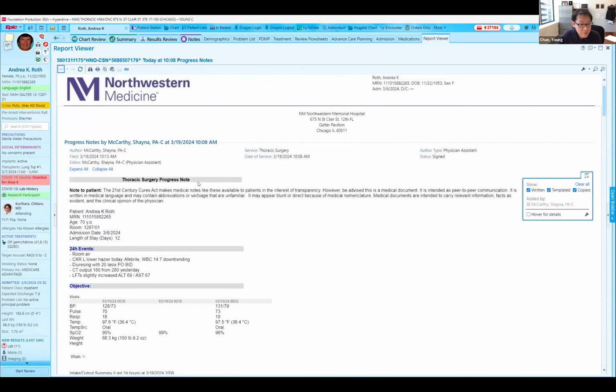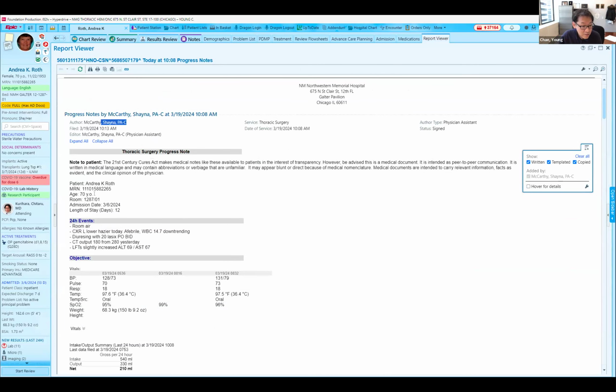So thoracic surgery, Shayna said she's got lung on the 7th. Is that right? Room air, AFib, febrile.